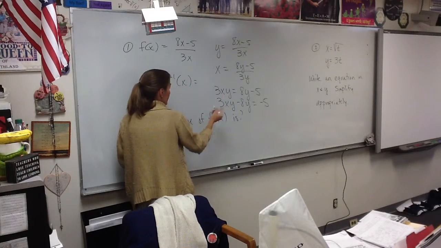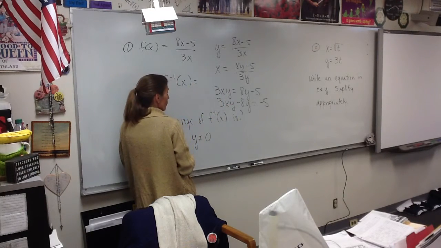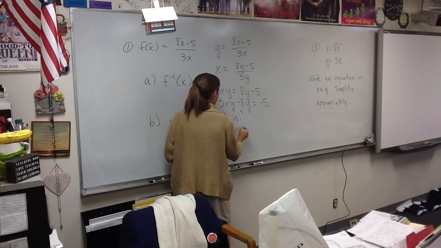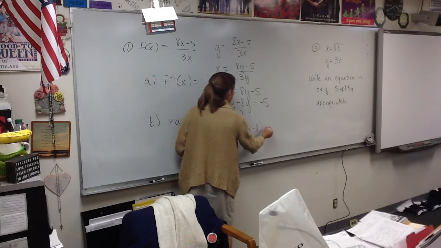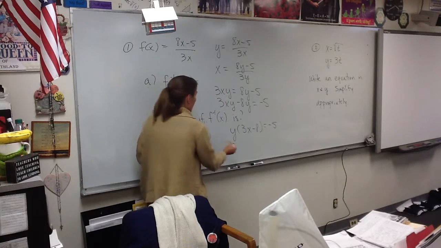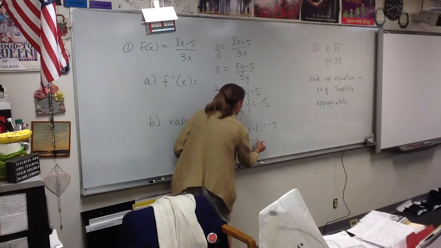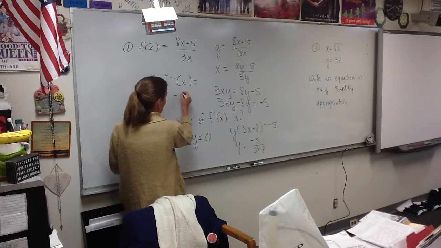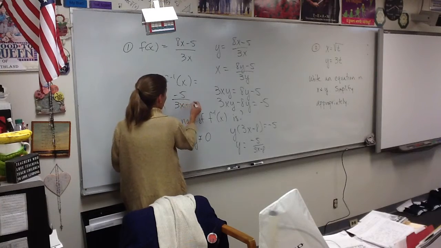Because once I get everything with a y on one side, what can I do? I can factor it out, and then I will divide. So is that what you got for your inverse? -5 over 3x minus 8?